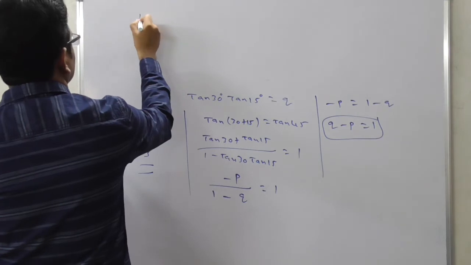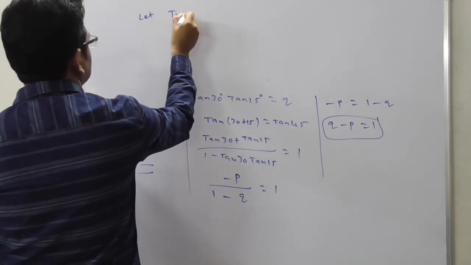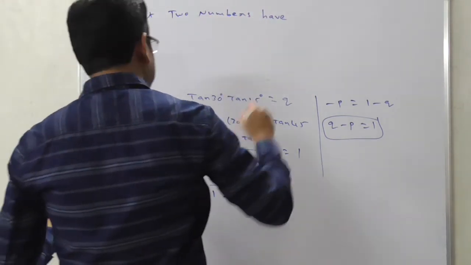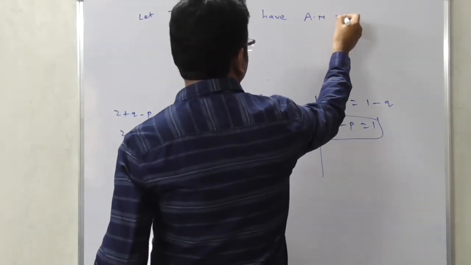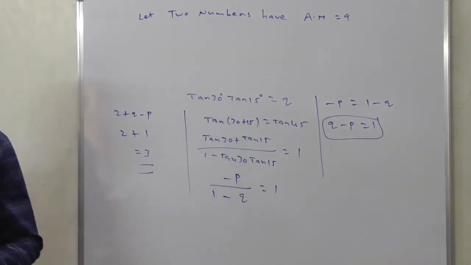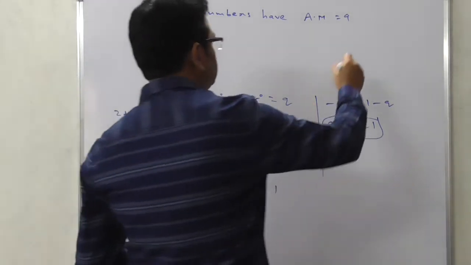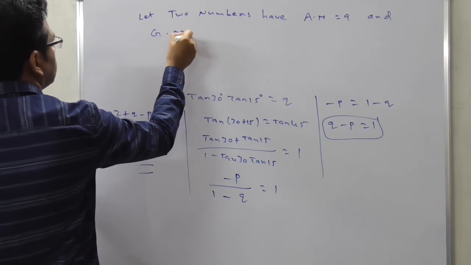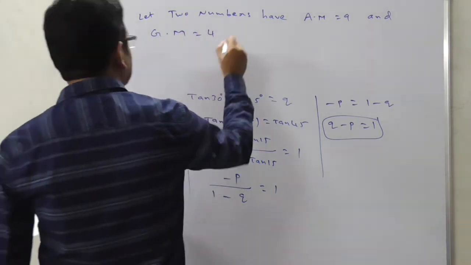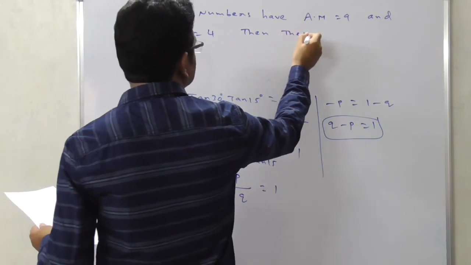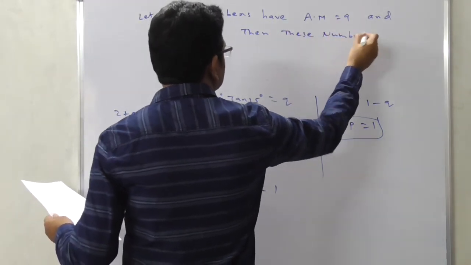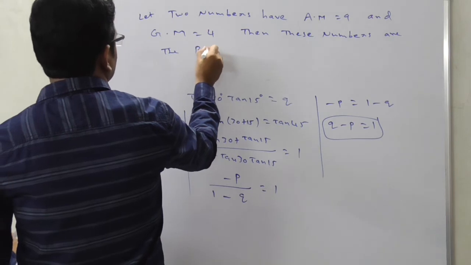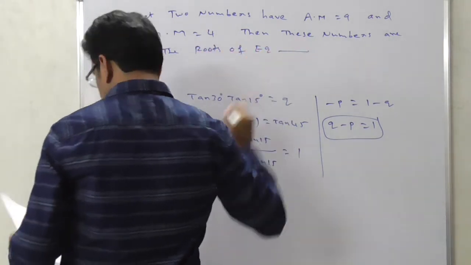Let two numbers have arithmetic mean, that is AM, equal to 9 and geometric mean equal to 4, then these numbers are the roots of the equation. The four options are given.